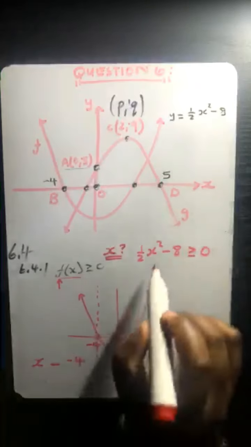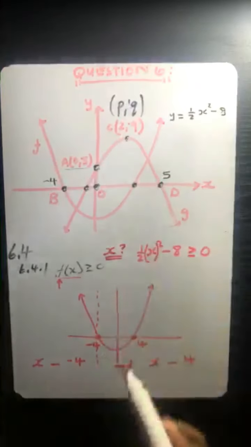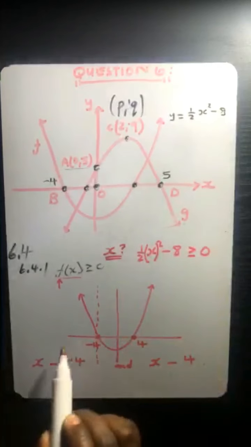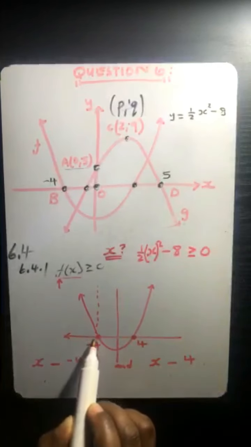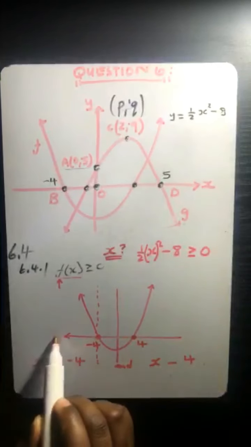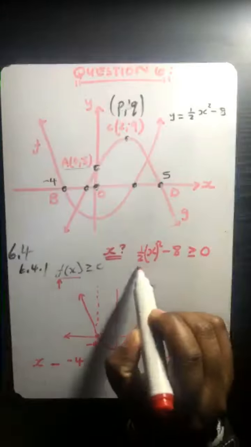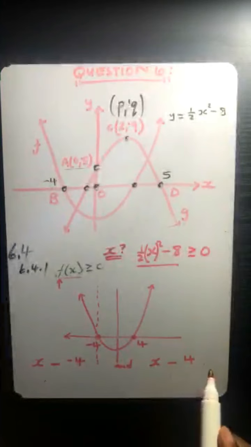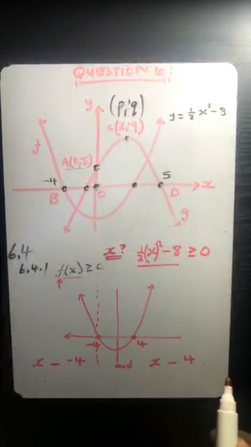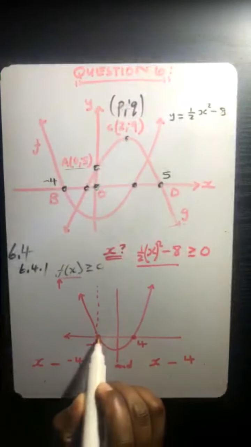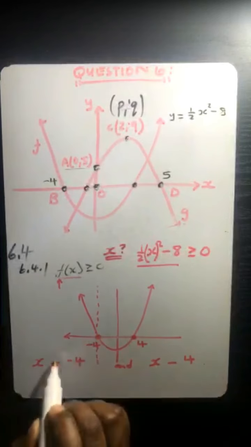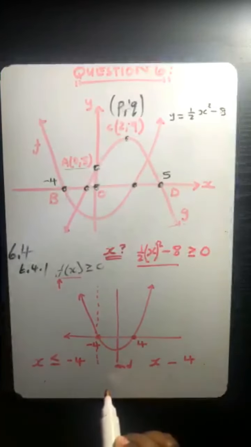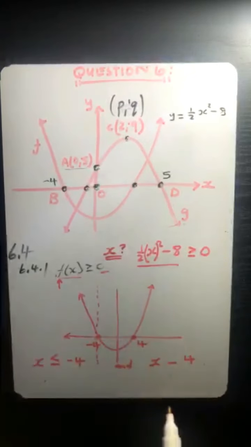Try to substitute any x value from -4 in that direction. It could be -5, -6, -7, and whatever, and check if you get a value which is greater than 0. If it does give you greater than 0, then it means where x is -4 or otherwise less than, that's where you have your values being greater than 0.